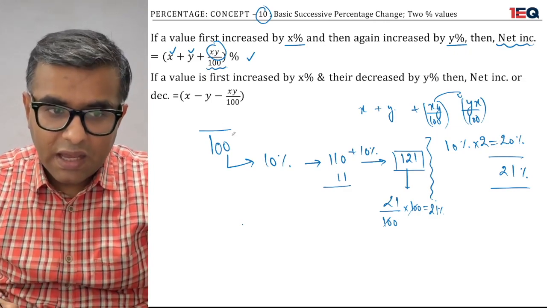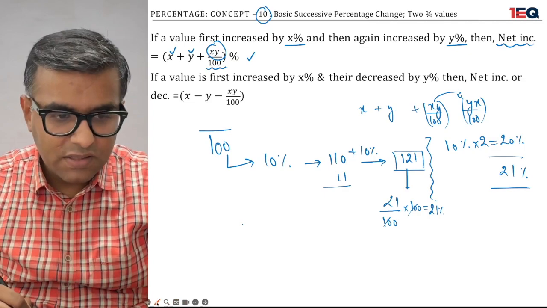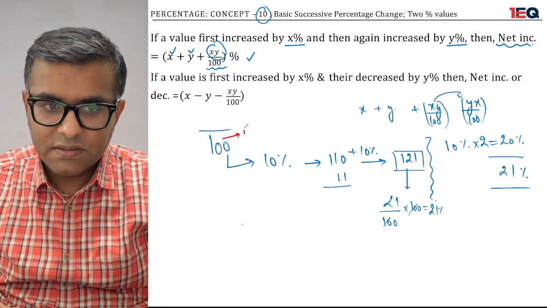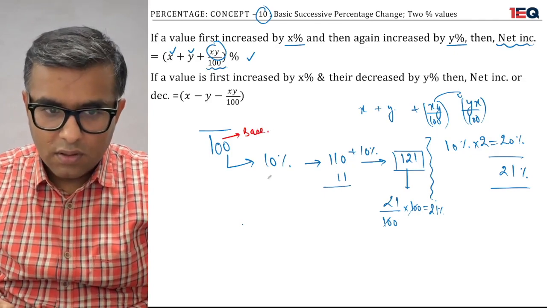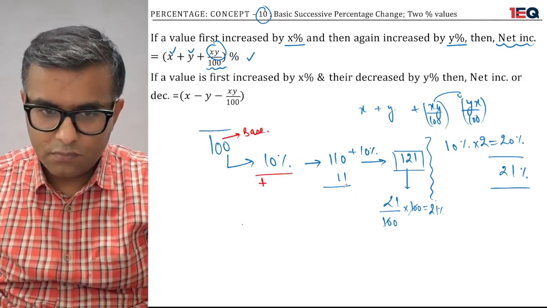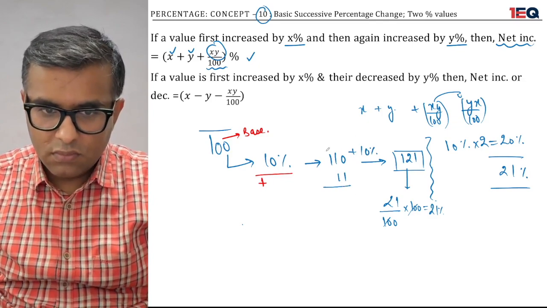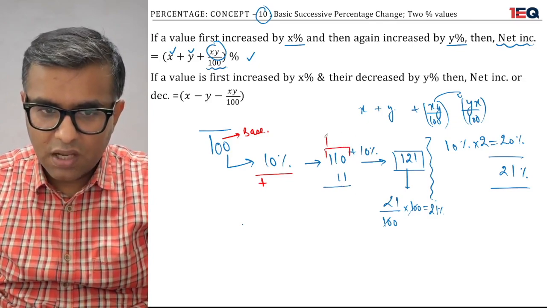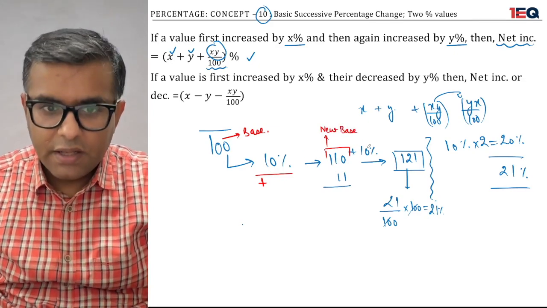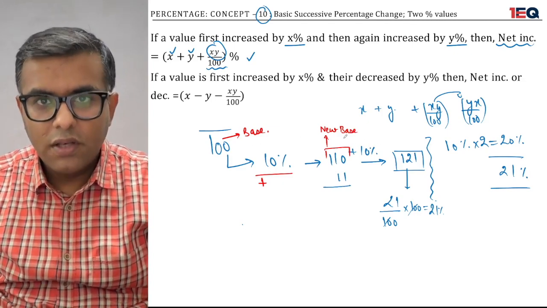Here 100 is the base. This is the plus or the increment. So 110 becomes our new base.